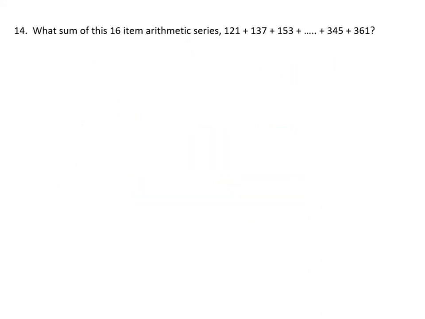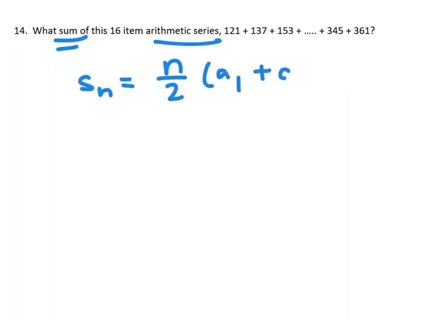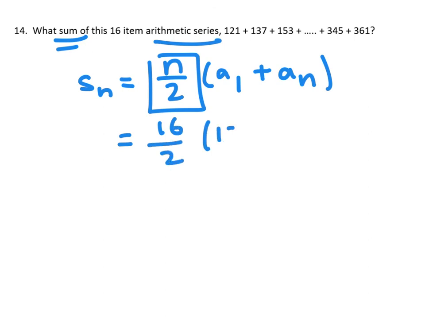Alright, this is a sum this time of a series, and we learned from Carl Gauss that you take the first term and the last term, add them together, and that will pair up n divided by 2 times. So there are 16 terms in the sequence. 121 is the first term, 361 is the last term.